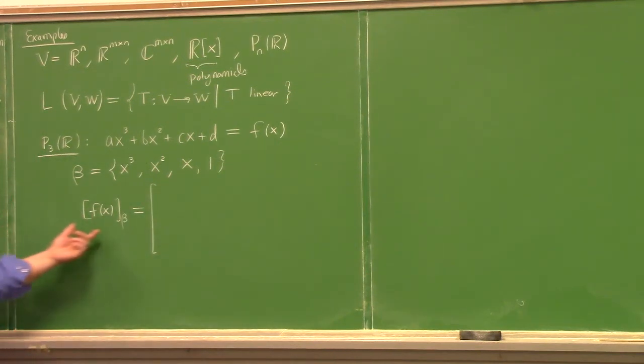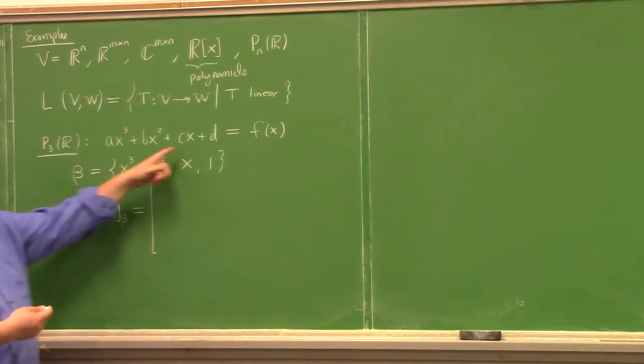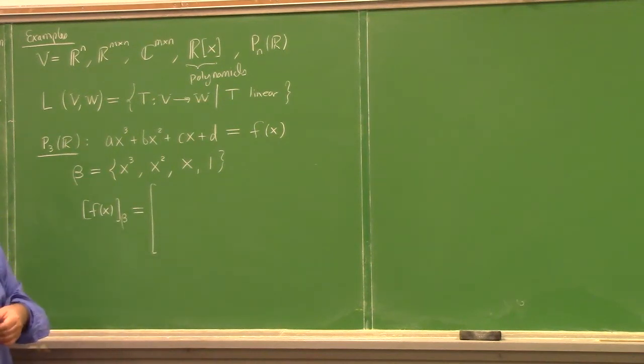The coordinate vector is an element of Rn. So if I ask what the coordinate vector is of an abstract vector, the answer should always be a concrete vector in Rn, a column vector. A, B, C, D here are numbers. A, B, C, D is the answer here.